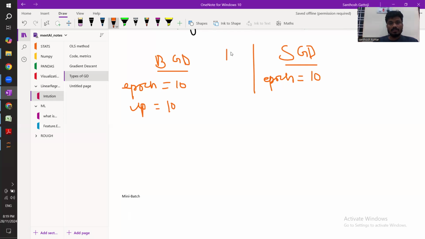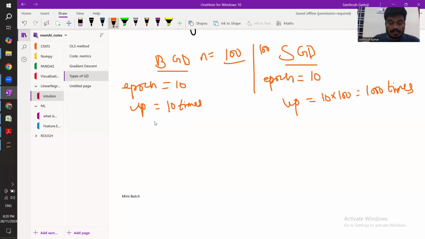Rows are 100, here also rows are 100, n equal to 100. Here the update happens 10 times; here the update happens 10 into 100, that is 1000 times.